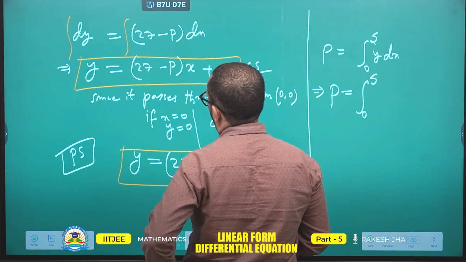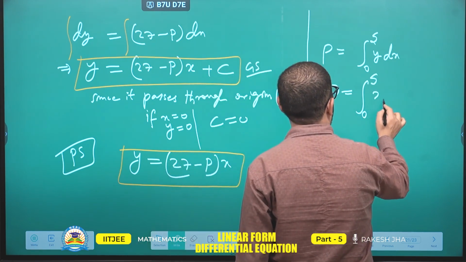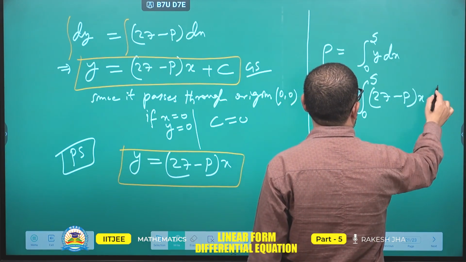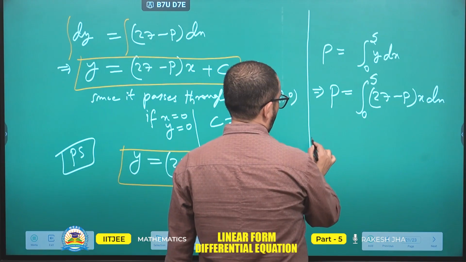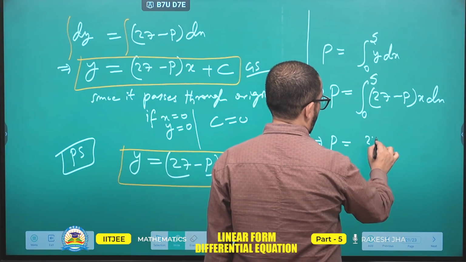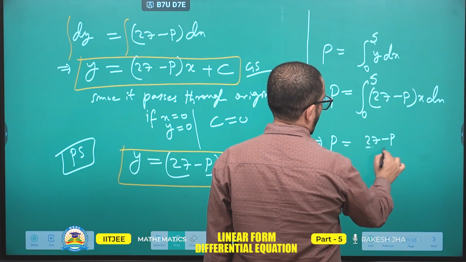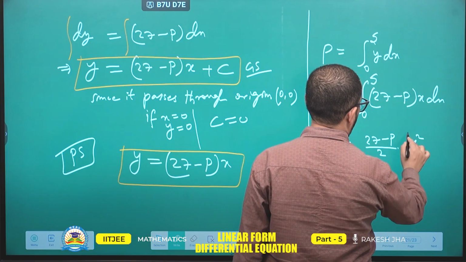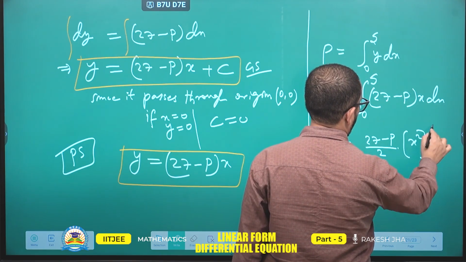In place of y, we can put 27 minus p times x dx. So p is equal to 27 minus p upon 2 times x square from 0 to 5.